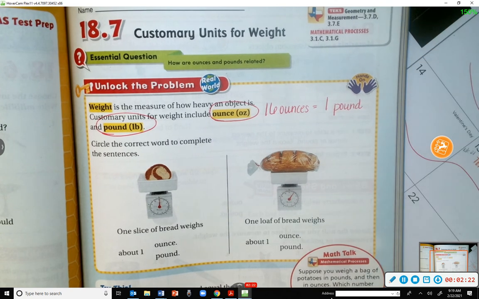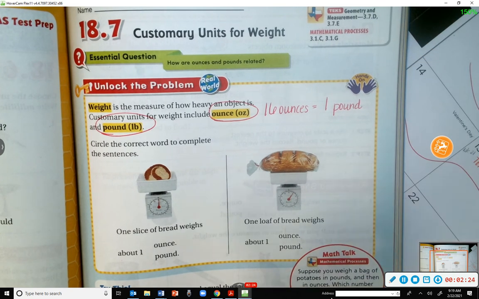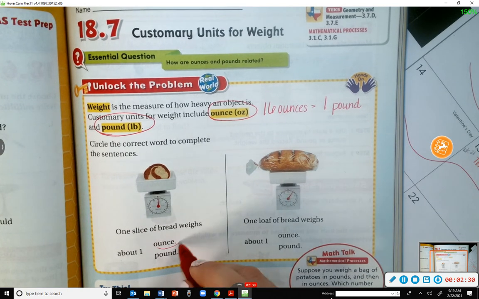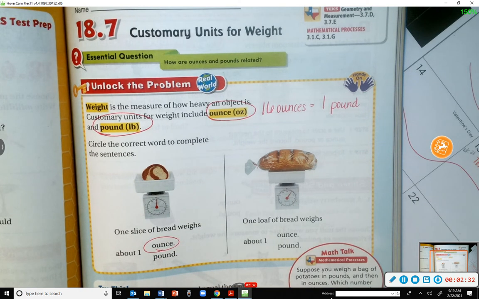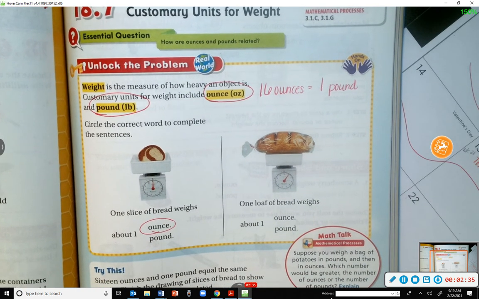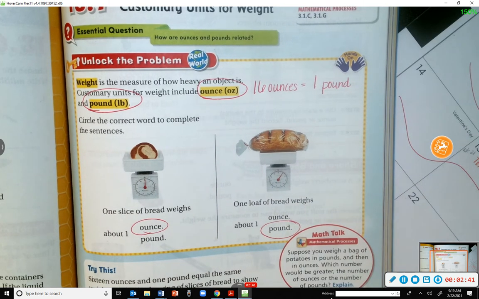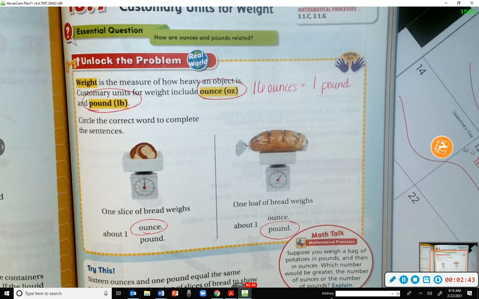Just to give you an idea, one slice of bread weighs about 1 ounce. One loaf of bread weighs about 1 pound. So a pound is pretty light, right? If you picked up a loaf of bread, it's not heavy.